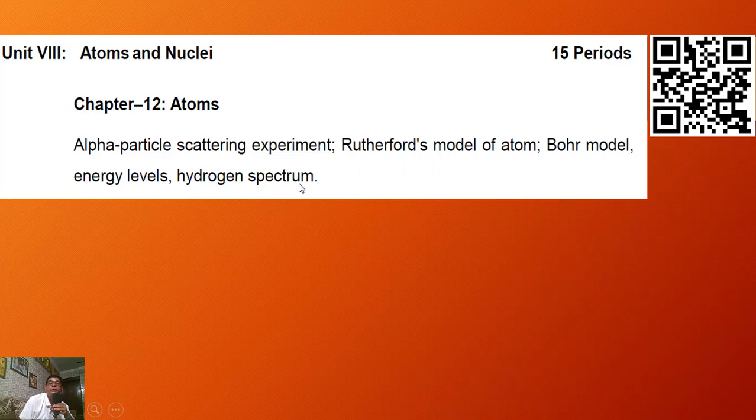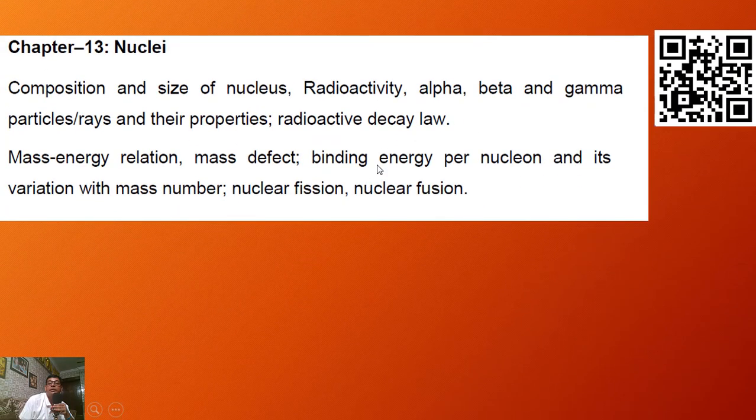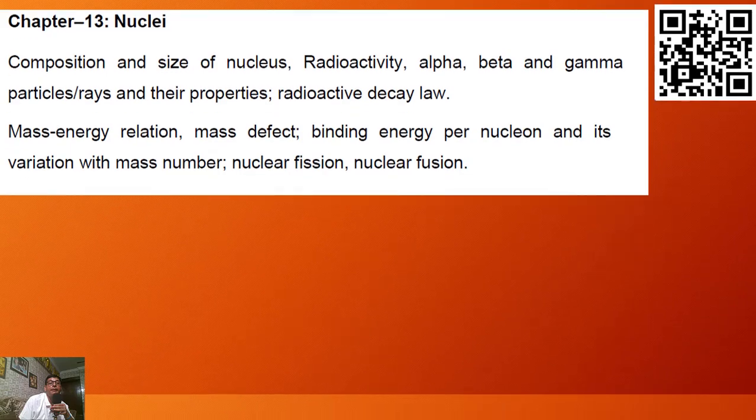This is a good chapter, modern physics, and a very easy chapter also. If you study this chapter, you can confidently answer whatever question is asked in your JEE or even JEE Advanced. Nuclei: composition and size of nucleus, radioactivity, alpha, beta, gamma rays, radiocarbon dating, nuclear fission and fusion.